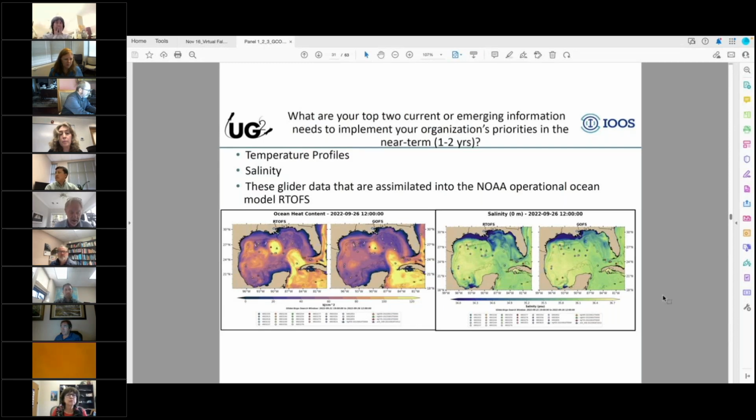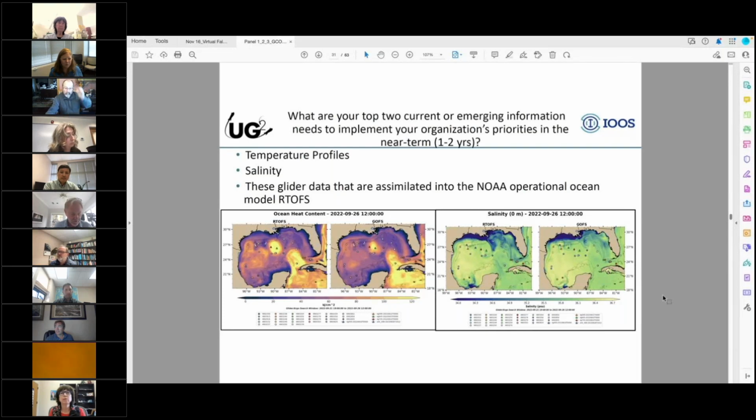So getting your glider data that is not research or project sensitive to the NOAA glider DAC to be assimilated into the models is critical. So even if your mission is not hurricane related, and you can get the temperature and salinity data to the DAC, that is very critical. So I'm pushing that as a collaborative effort across the community.